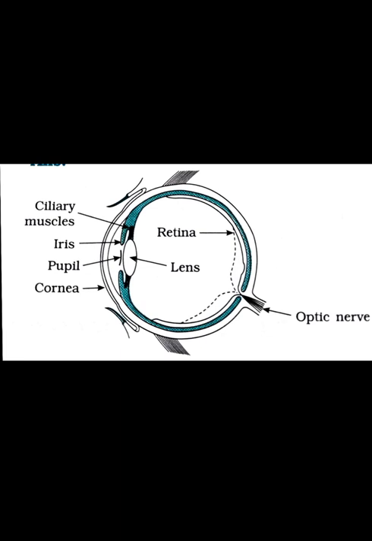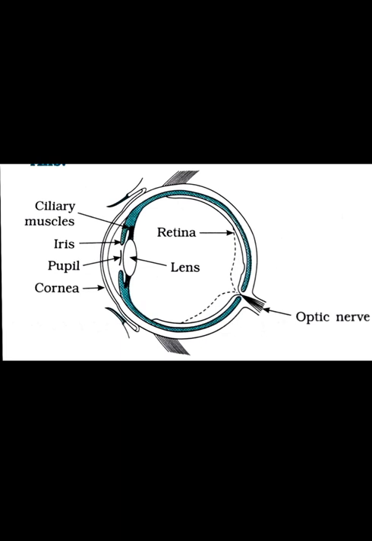Behind the cornea, the dark muscular structure which is seen is the iris. And in the iris, there is a small opening which is called the pupil. The size of the pupil is controlled with the help of the iris.